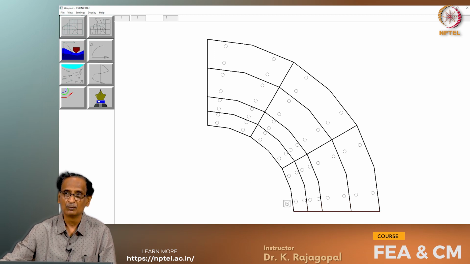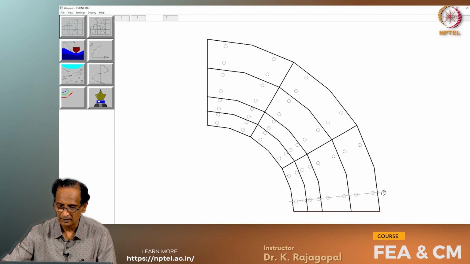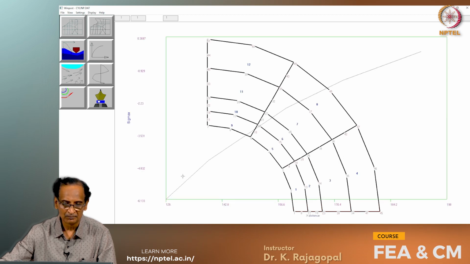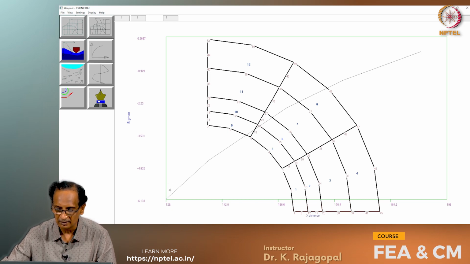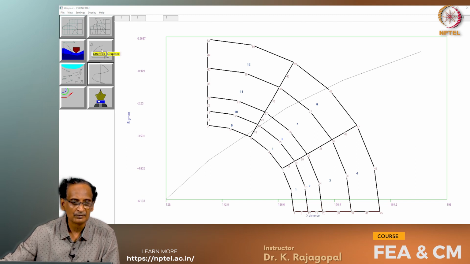These are the integration points, and we can draw a line and then select all these points and then plot any stress, and here plotting the sigma x. I think it has not done it correctly because it is starting from 129. It should have started from 103. Let me just do it again.